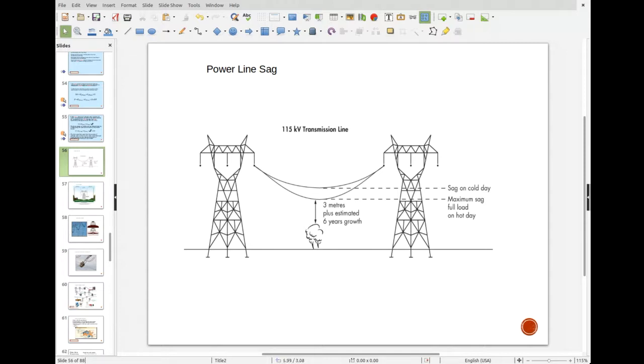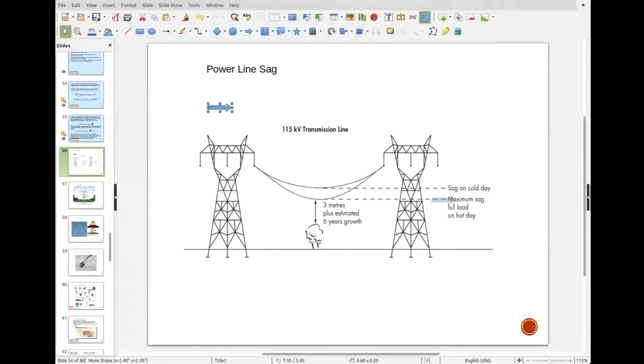And so when you look here, obviously, you're running wire from one tower to the next. And so this wire is going to hang down, obviously. But what happens is this is the wire in the wintertime when it's really cold. They sag some, but they don't sag as much.